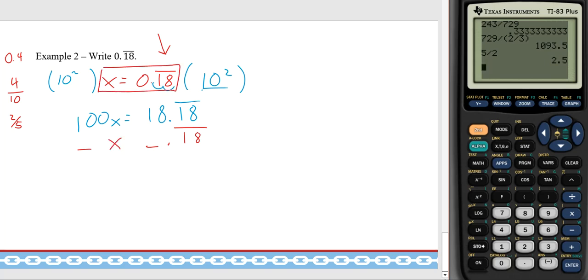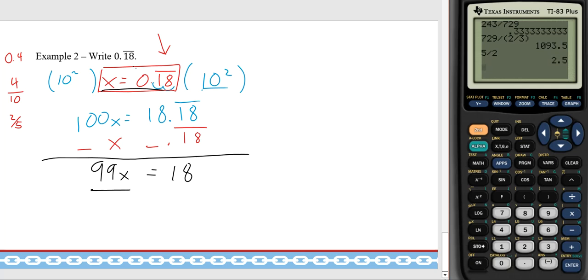So I'm going to subtract x from the left side. Those two are interchangeable because I started off with this statement right here, that x and 0.18 repeating are the same thing. So 100x minus an x is 99x. And then over here, 18.18 repeating minus 0.18 repeating is 18.